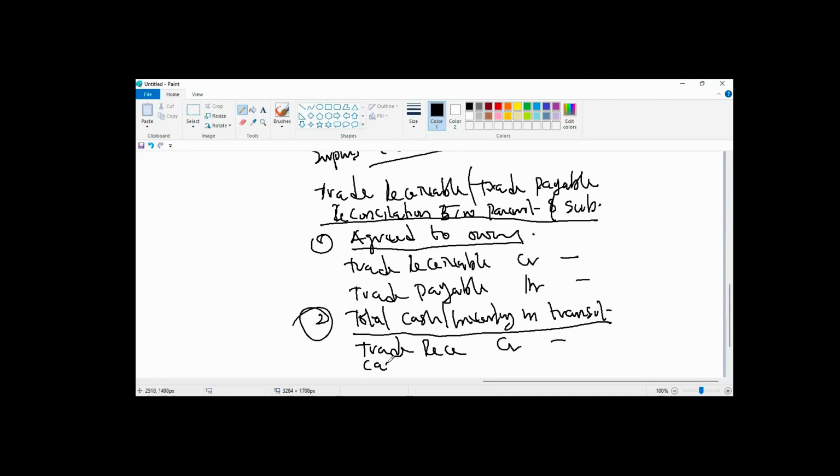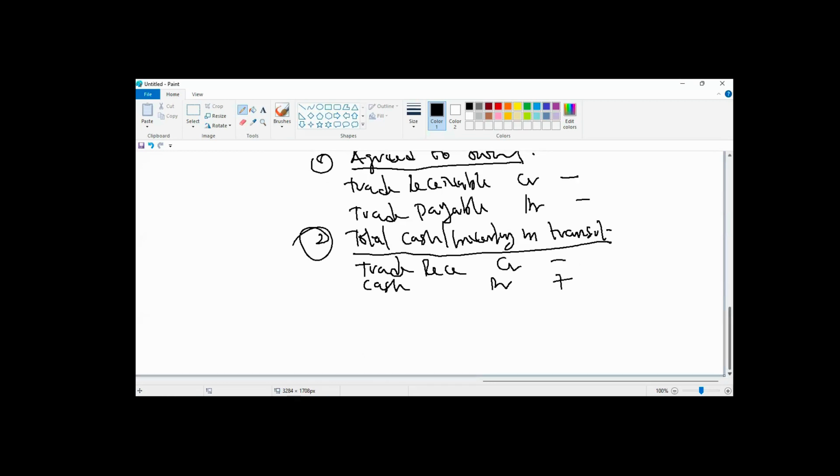The cash that is in transit, debit plus. That is it for the second one. The third one, part in transit.